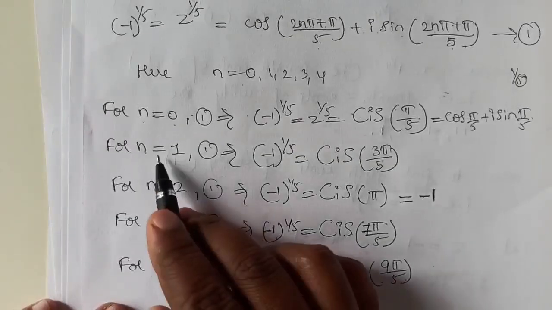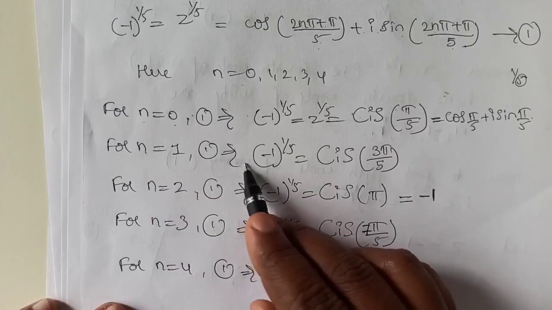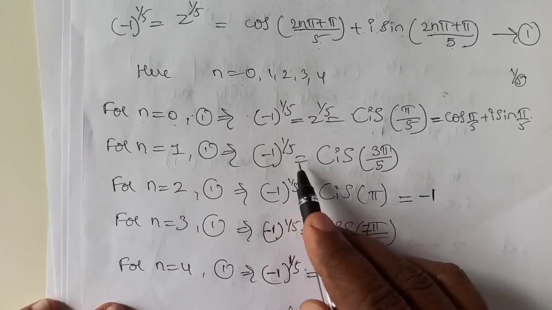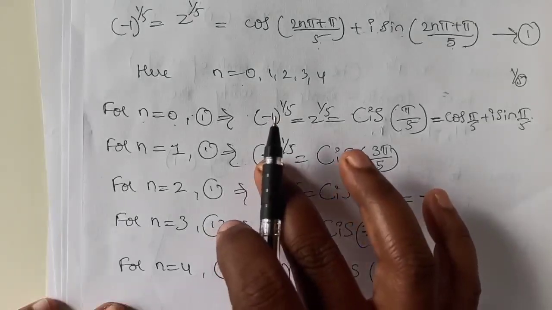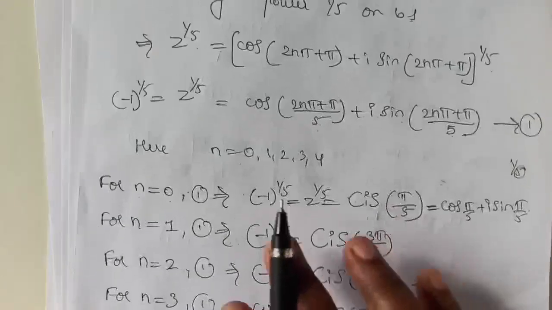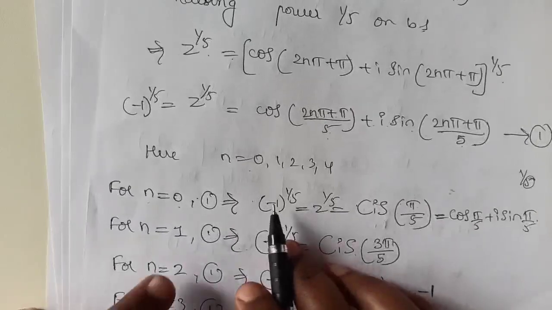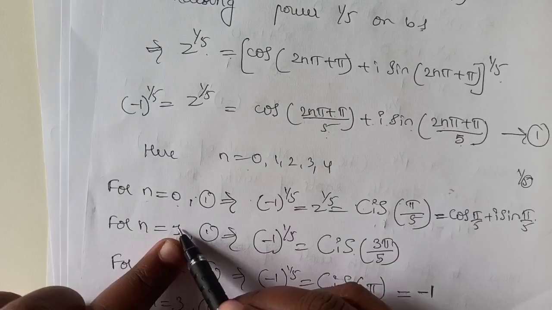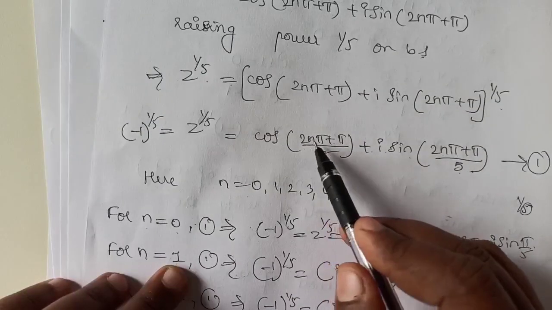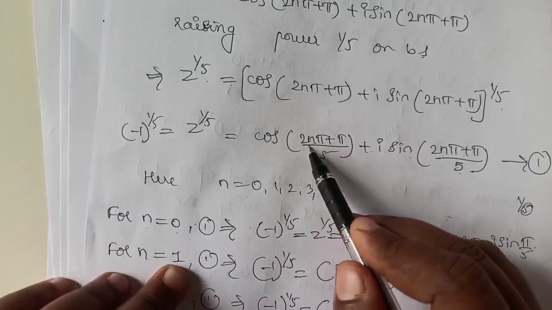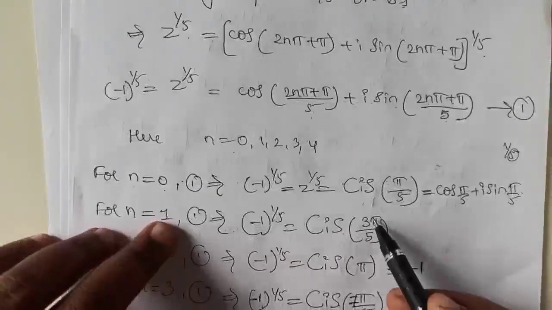Next, for n equals 1, equation 1 becomes (minus 1) power 1 by 5, where minus 1 is the z value. So this becomes cis of, on substituting n equals 1, we get 2 into 1 equals 2π, 2π plus π is 3π by 5.